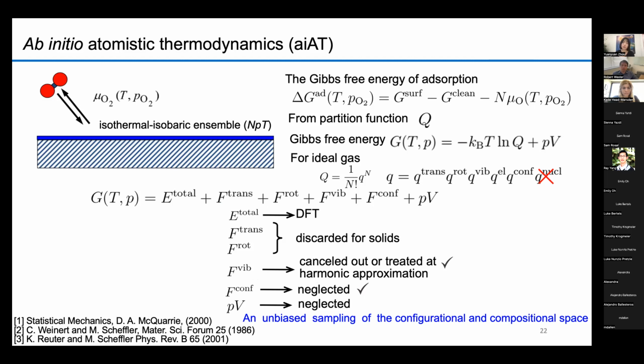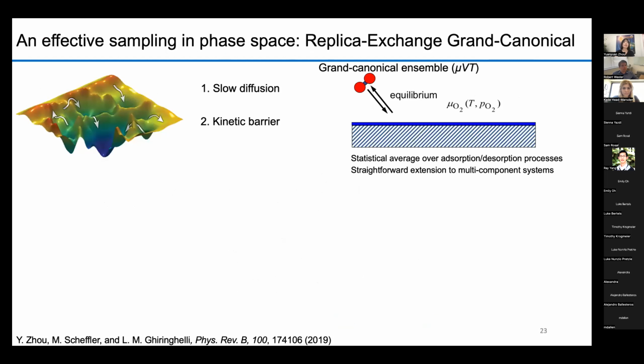And we want to be free from these two approximations, which requires an unbiased sampling of the configurational and compositional space. And the sampling of the surface in equilibrium with the gas phase or the liquid remains challenging.